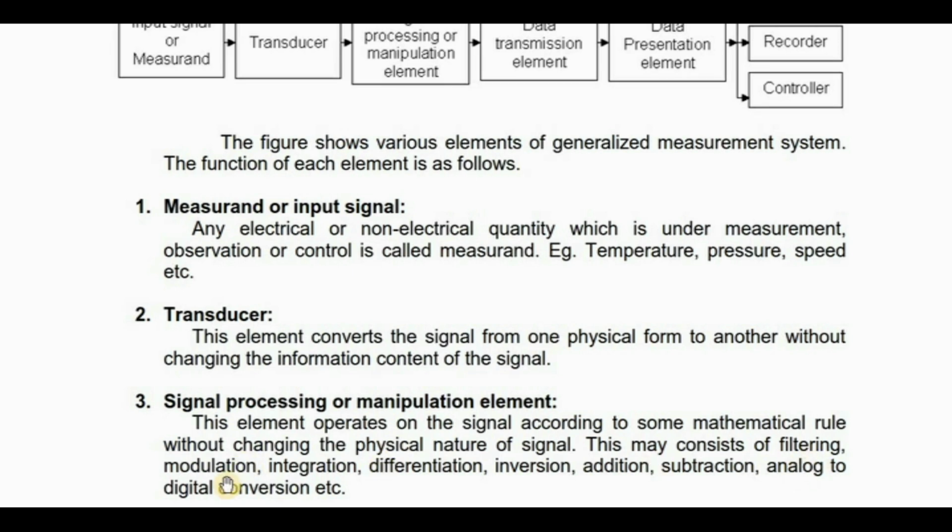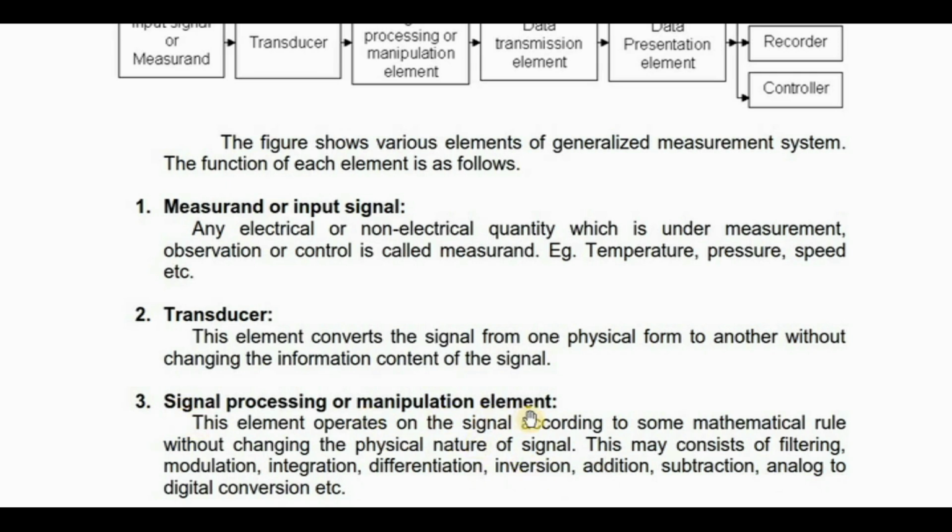Modulation means we are going to increase the magnitude, or you are going to do amplification. Integration or differentiation or inversion, that is changing the cycles, negative to positive, positive to negative, or addition or subtraction, or analog to digital conversion. Whatever is necessary to be done on that particular signal will be done in the signal processing or manipulation unit.